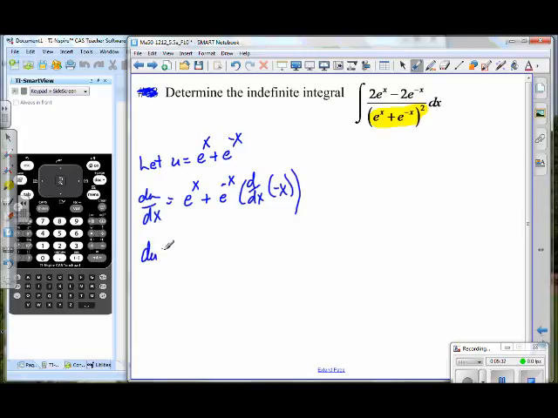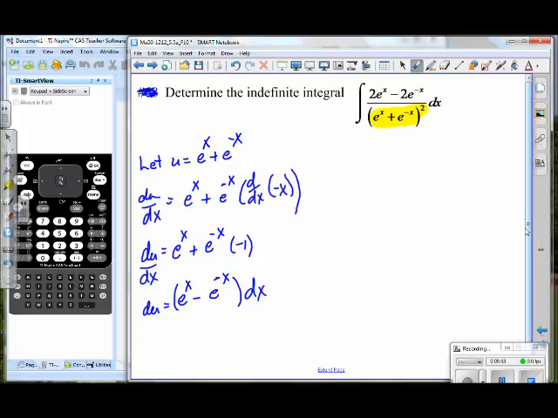So we have du dx equals e to the x plus e to the opposite of x times -1. If we multiply both sides by the differential x, we would have e to the x minus e to the opposite of x, all of that times dx.